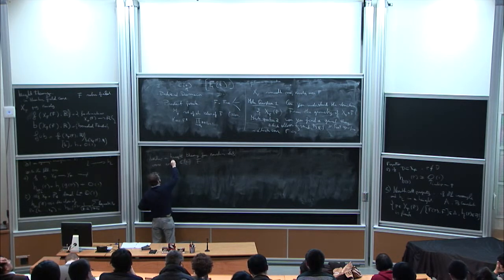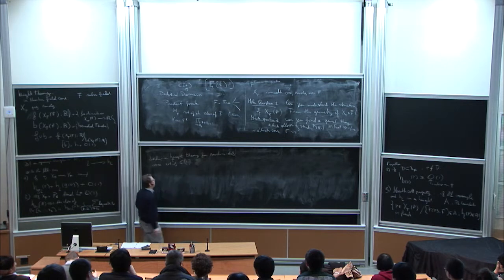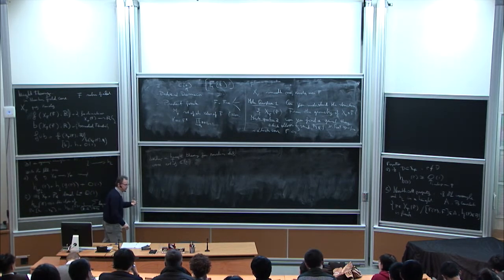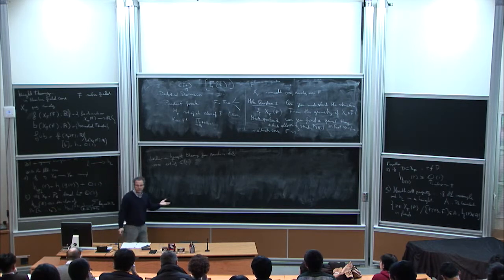An extension F of C(t). I do not use the letter K because K is the canonical line bundle.